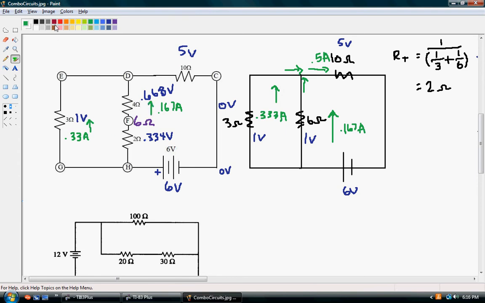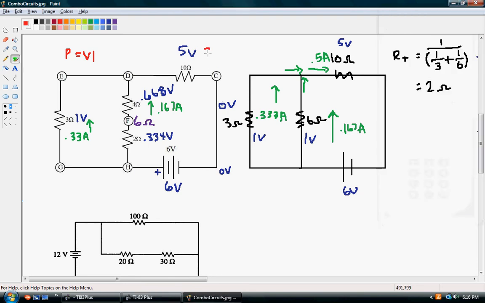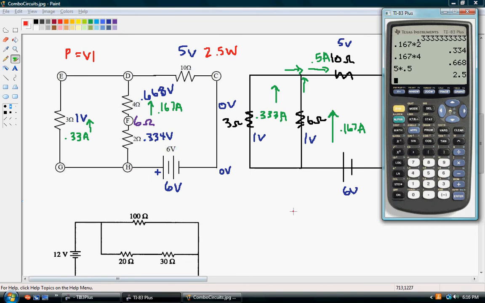We could go ahead and figure out the power, which is going to be the voltage times the current. So the voltage used by the 10 ohm resistor times its current will give us 2.5 watts. Looking at the 2 ohm resistor, the voltage it used was 0.334 times its current, 0.167.